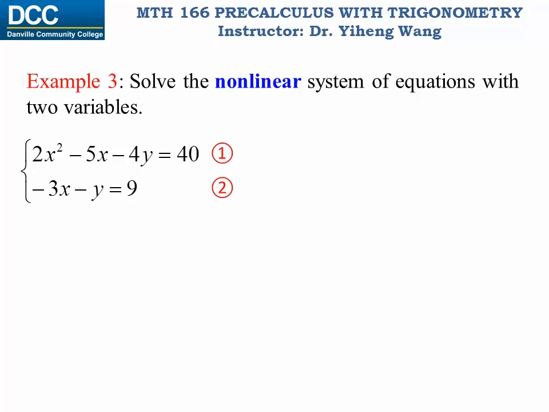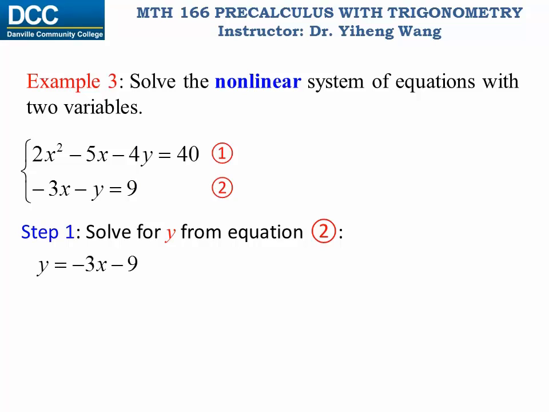So again, let's follow the same procedure. Step 1, we solve for one variable from one equation. For convenience, based on our observation, it looks like it's easier to solve for y from equation 2 as an expression of x, which is negative 3x minus 9.